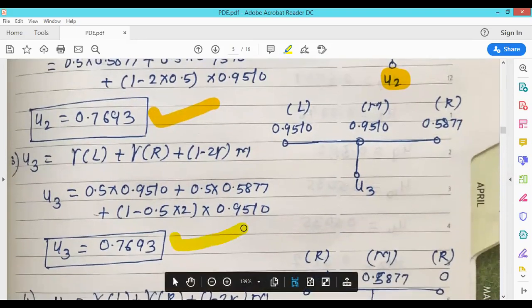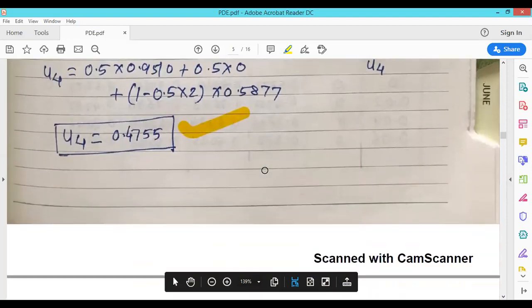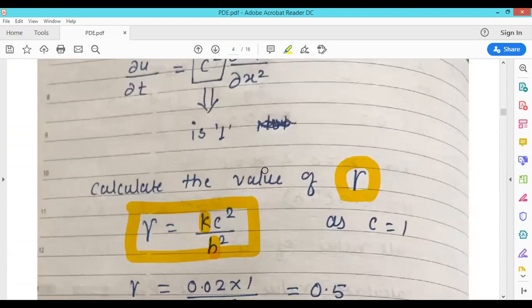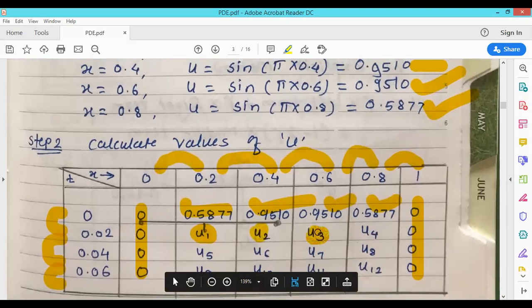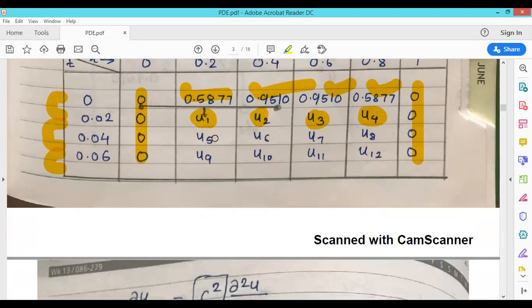Similarly, we have to find out u3. Then there is u4. So these are the u1, u2, u3, u4 values that you have to check in the table. So we find out first u1, u2, u3, and u4. After finding out these, we go for calculating the values of u5, u6, u7, u8.